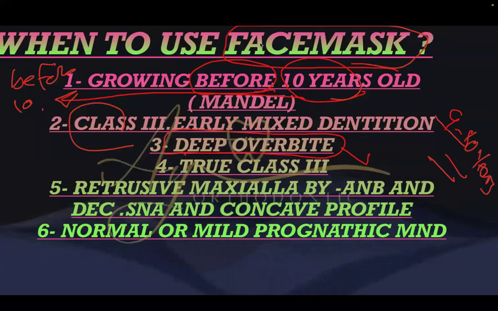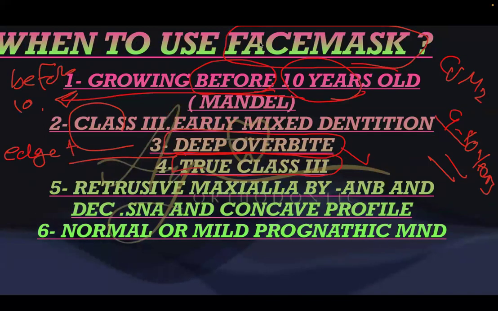And in a growing patient in CVM2, okay? And I need to know that the patient is a true class 3. He can't achieve an edge-to-edge relationship. In RCP he is just fighting in a class 3 incisor relationship. He can't manage to get the edge-to-edge, okay?